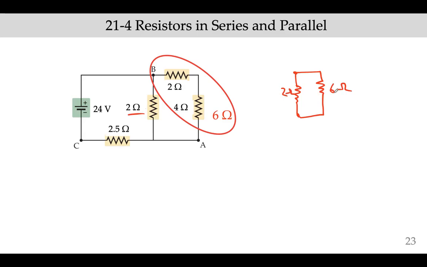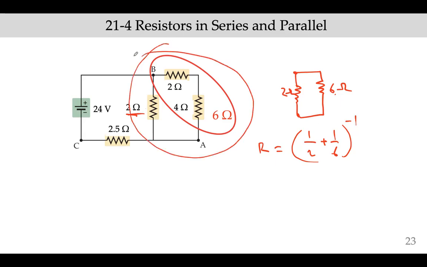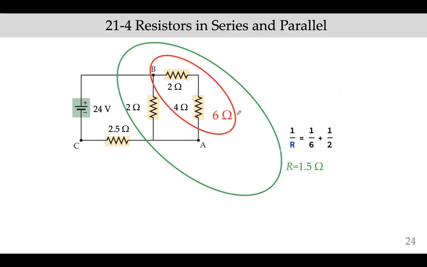Since they're in parallel, you would use the formula (1/2 + 1/6) to the power of -1. If you calculate this, for these 3 resistors within this green circle, R equivalent is 1.5 ohms.